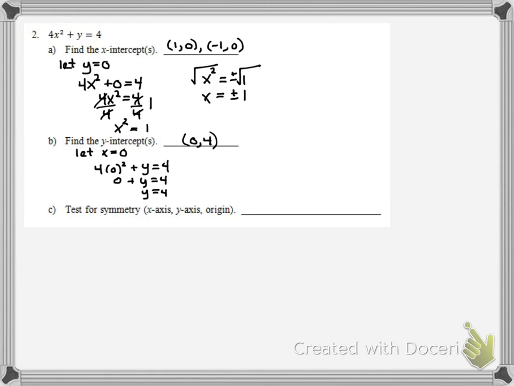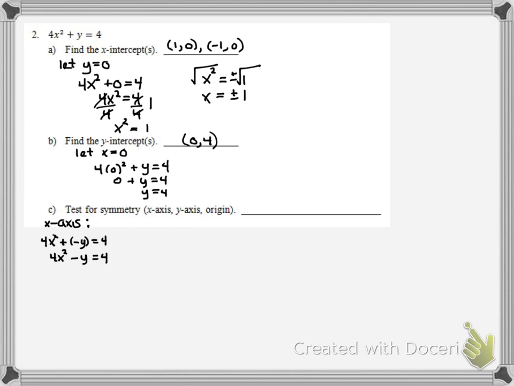Okay, now we do our test for symmetry. I'm going to start out with x-axis symmetry. Remember, there are 3 different tests. For x-axis symmetry, you take the equation, and in place of y, you put negative y. You are going to do any simplifying you can, which in this case, because we're adding negative y, we can just write that as 4x squared minus y.